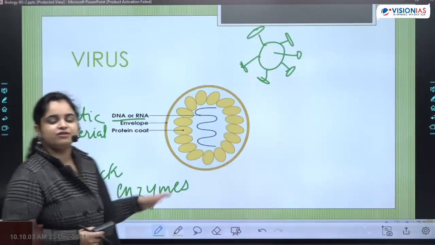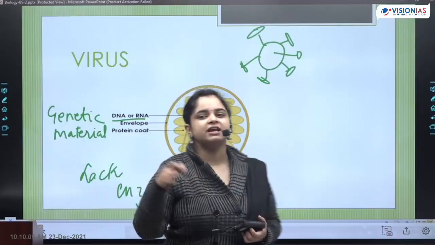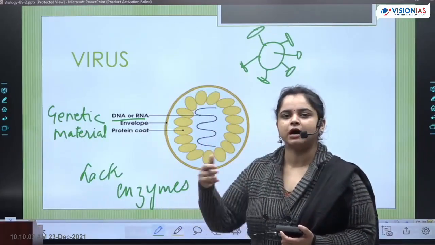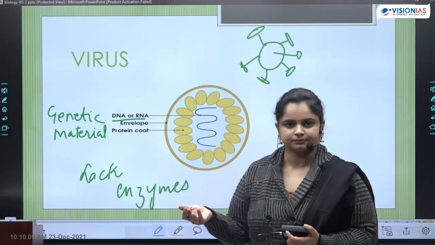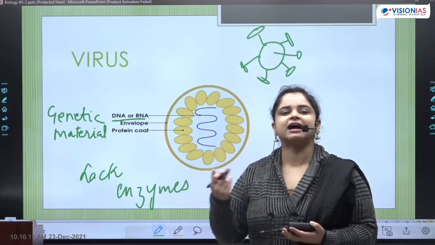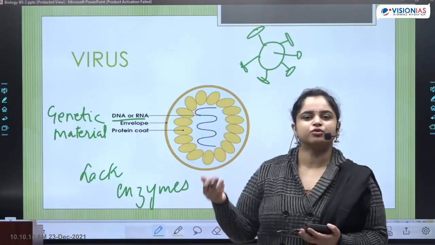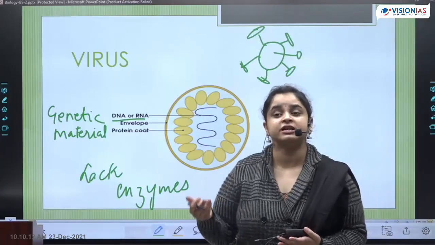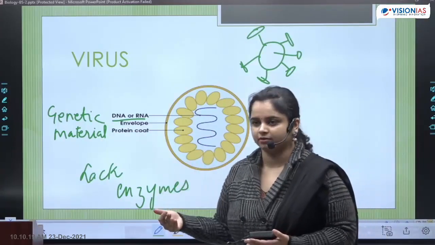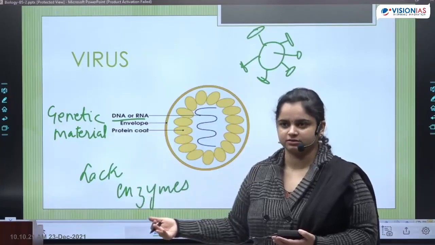It doesn't have its own enzyme, but it can use the enzymes of other organisms. With that it will start its life. Then it will start taking food, producing energy, multiplying, producing more viruses.